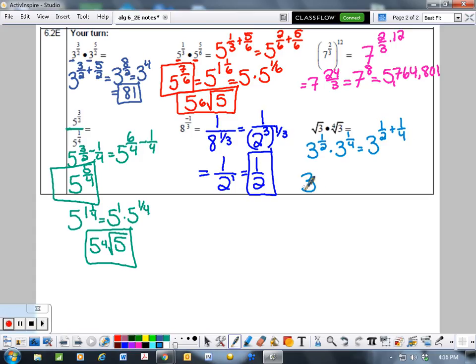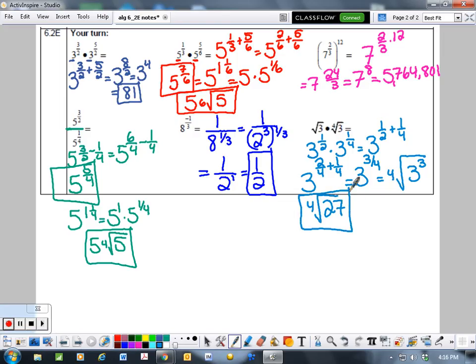So 3 to the 2/4 plus 1/4, which is 3 to the 3/4 power, which is really the 4th root of 3 to the 3rd power. And 3 to the 3rd power is 27. So, whoops, I didn't write a 4. 4th root of 27. So this is good, or this is good.